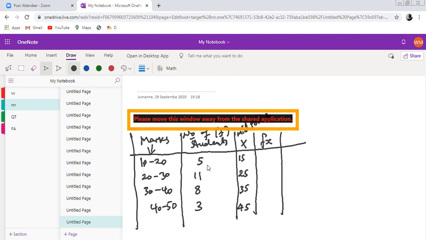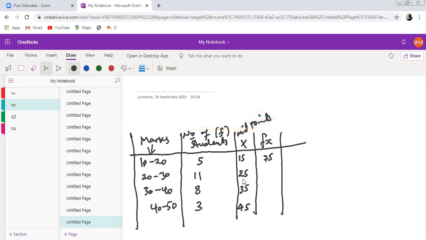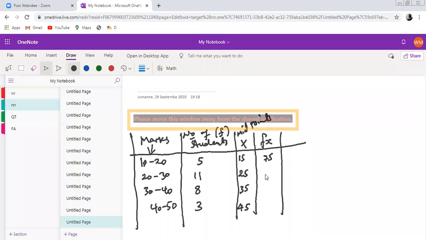So we start: 5 times 15, 75. 11 times 25, 275. 8 times 35, 280. 3 times 45, 135.